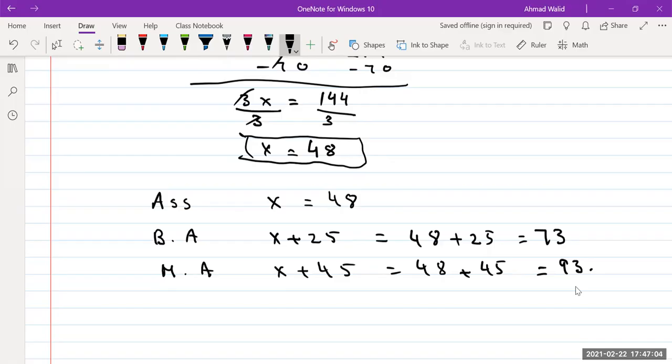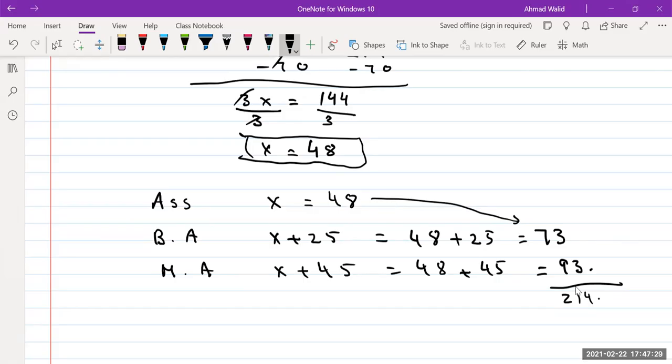How to check if you did it correct or wrong? Add these three numbers together: 48 plus 73 plus 93. And if you see, at the end it gives you $214,000, correct? Which was the total that they gave you in the problem.